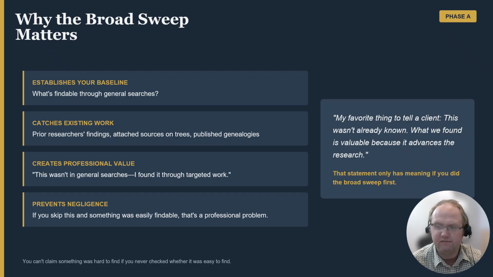What I found was valuable because it just wasn't stuff that came up in a standard search that could be easily found by anybody searching FamilySearch or an easy Ancestry broad search or MyHeritage, etc. I can't make that statement if I didn't do my broad sweeps, my general homework first. I can't claim that something was hard to find if I never checked if it was easy.